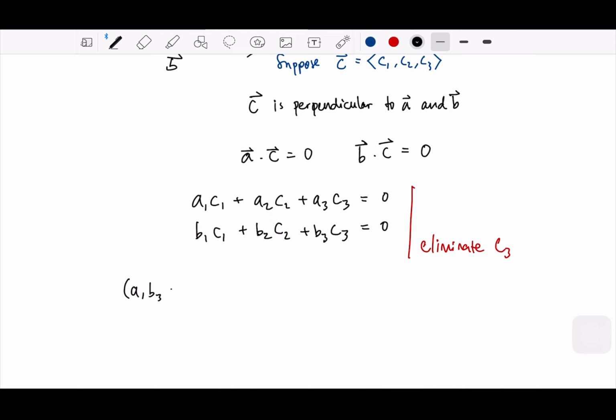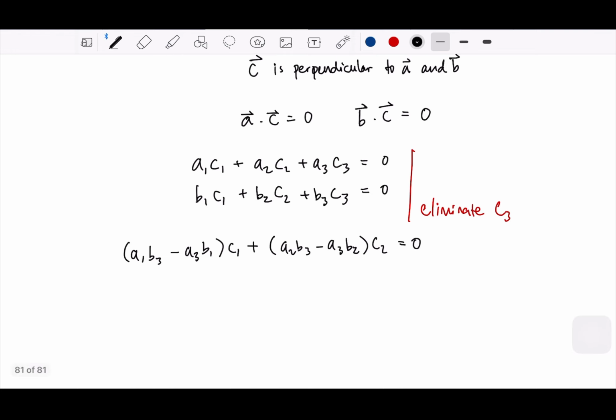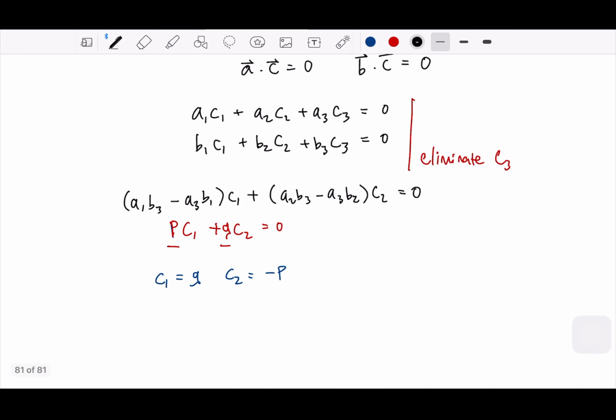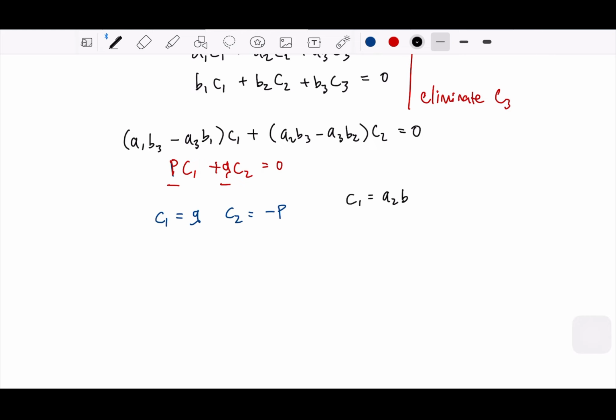I will go directly to the results here. This is a form of P C1 plus Q C2, and it's obvious that if it is equal to 0, then C1 is equal to Q and C2 is equal to minus P. So the conclusions: C1 is equal to, and C2 is A3B1 minus A1B3.